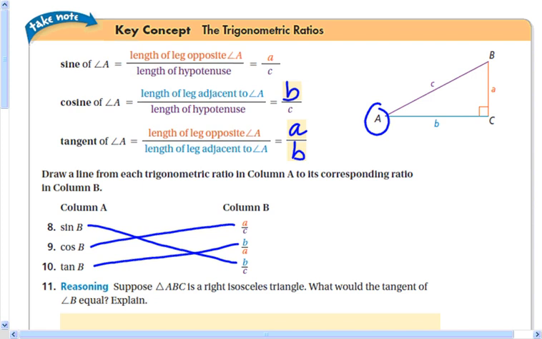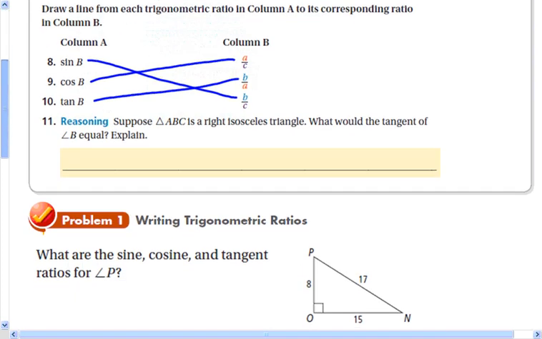All right, so reasoning. Suppose triangle ABC is a right isosceles triangle. What would the tangent of angle B equal? Explain. So if it's a right isosceles triangle, then that means both of these are 45, and the other thing we know is that both of those legs would be the same.